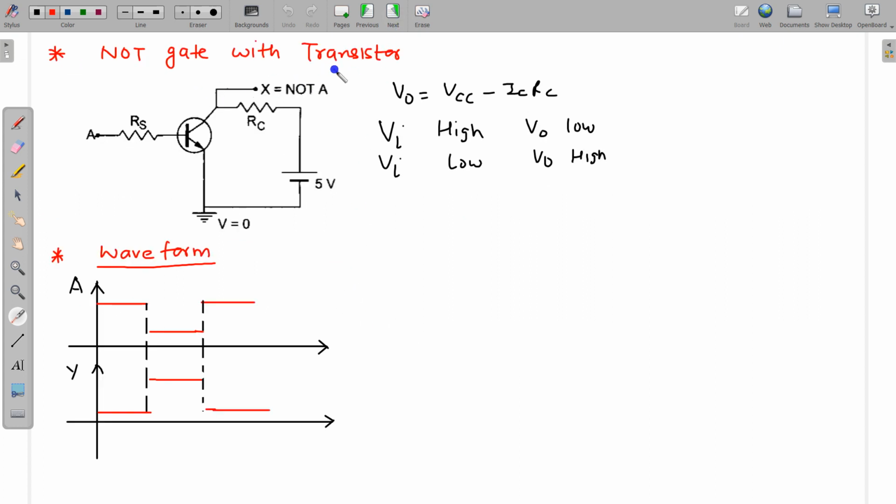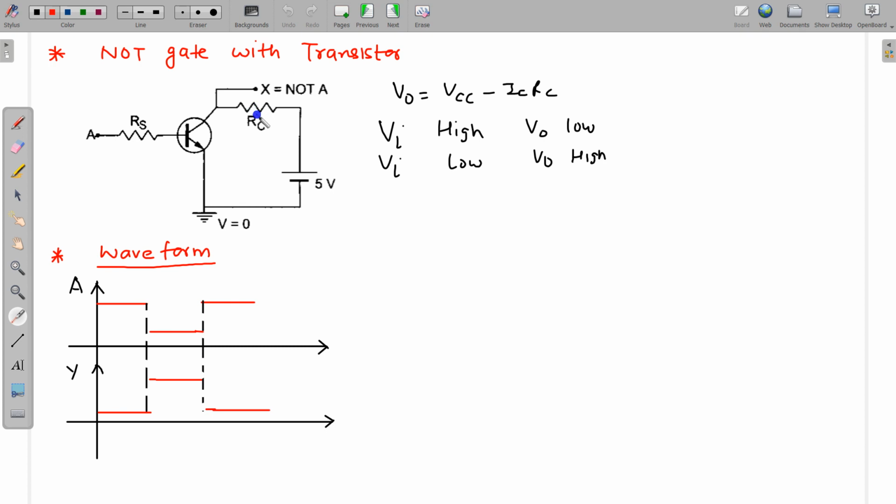NOT gate with a transistor. We can use a transistor to make this kind of NOT gate. We have already seen this kind of transistor, the common emitter configuration, in which if input is low, then output is high. If input is high, then output is low.